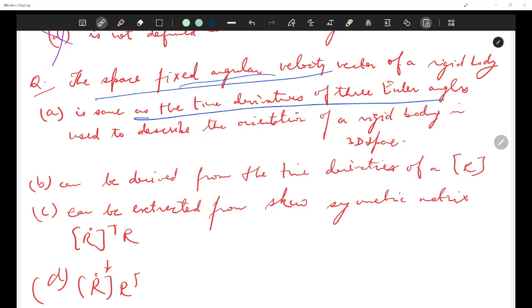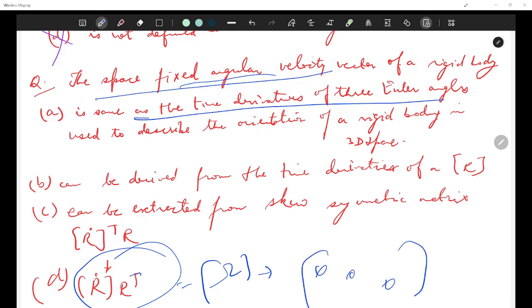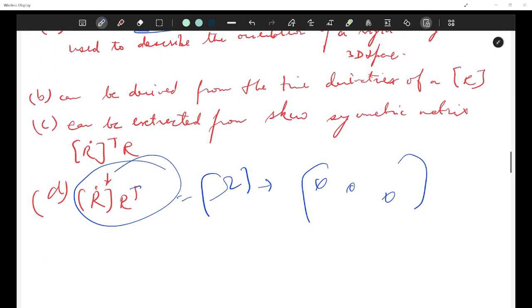So in the derivation that we did earlier, we came to know that the matrix R dot R transpose is actually a skew symmetric matrix which can be defined by omega, with the diagonal elements as 0, and then we have omega x, omega y, and omega z. So the vector that we get from here is omega x, omega y, omega z transpose, and this is the space fixed angular velocity vector. So this option is definitely correct.